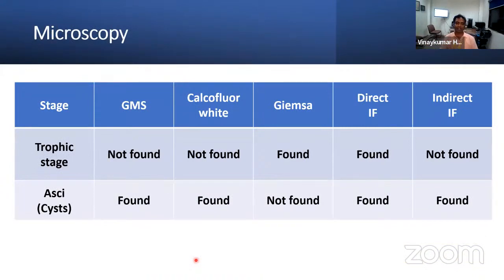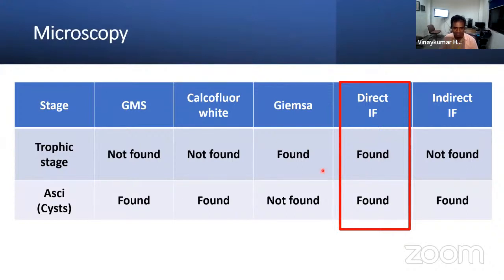Having said that, I told you it has 3 stages. What you need to remember is that not all stages are visible on microscopy. This makes more sense because the only microscopic method where you'll find both the trophic stage and the cyst form is direct immunofluorescence.